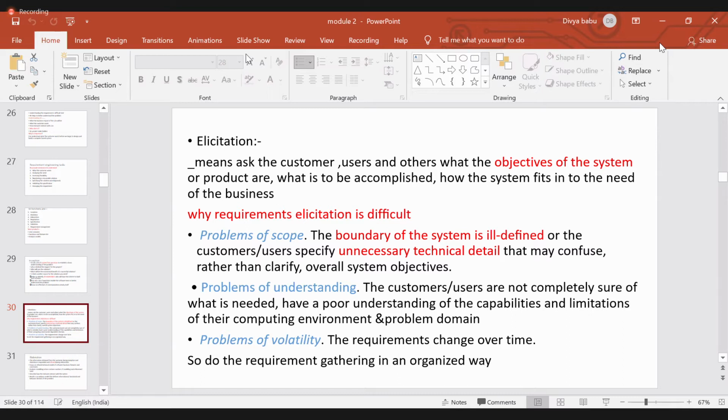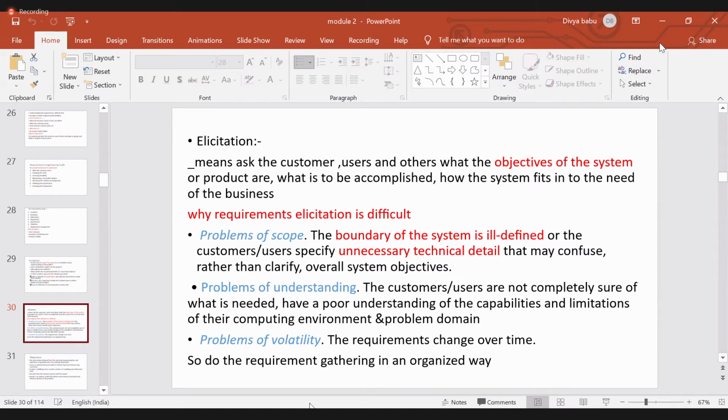The next one is the problem of understanding. When the customer approaches you with requirements, he is not clear about all the requirements. He has an understanding problem about his own system, so you can't collect all the necessary information needed for the planning phase. That is the problem of understanding. Then problem of volatility means requirements are always changing. It's not a fixed thing. That is another problem.